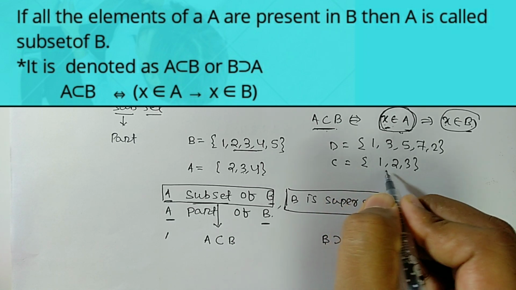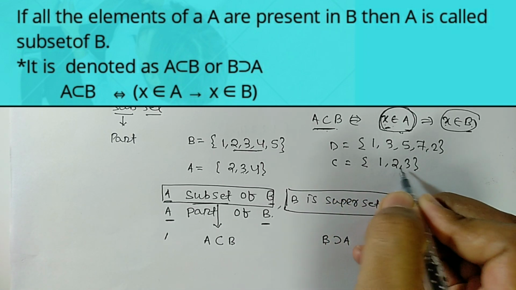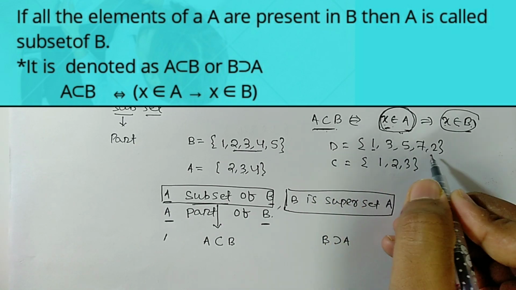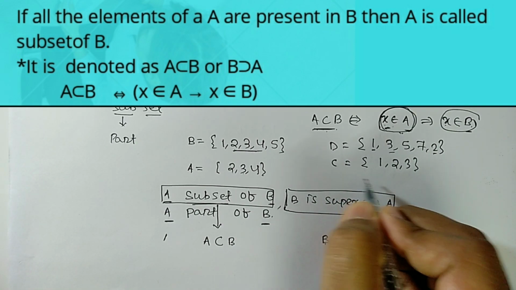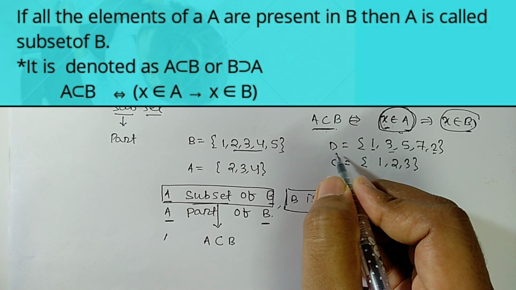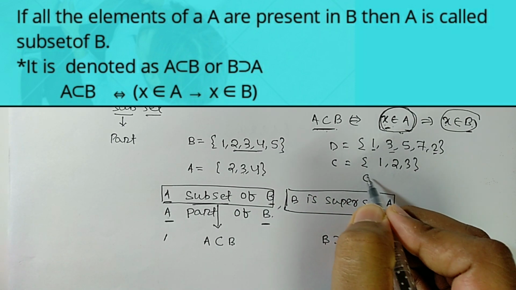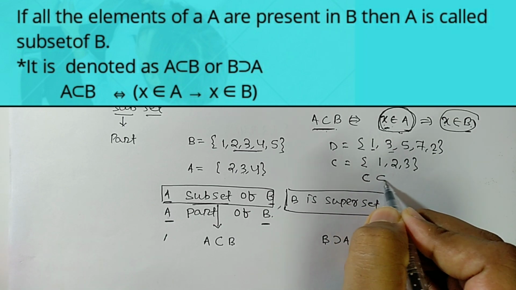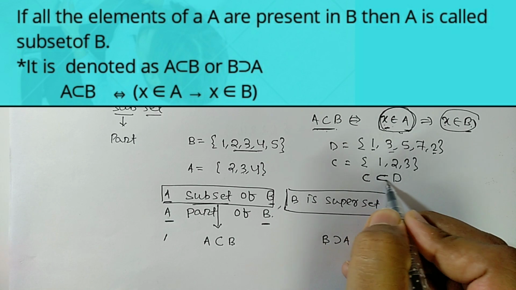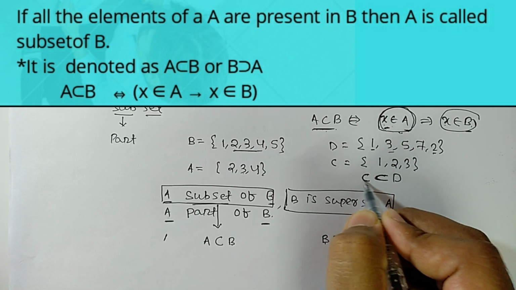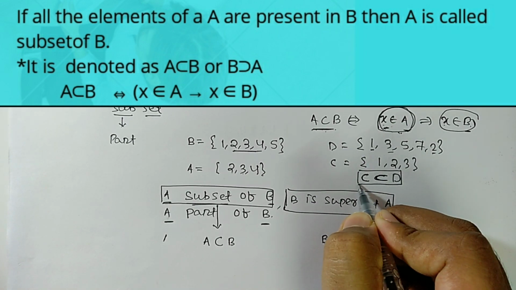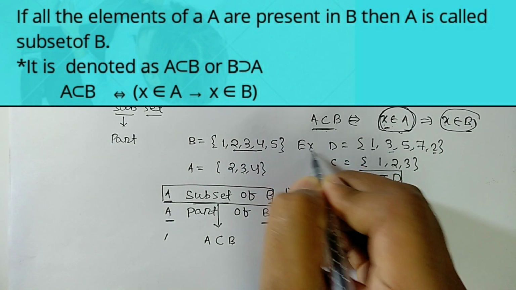The elements 1, 2, 3 of the set C are present in the set D. So the set C is a part of the set D. So we can write C is a subset of D. Don't confuse this subset symbol with the set C. So here C is a subset of D. This is example number 1.